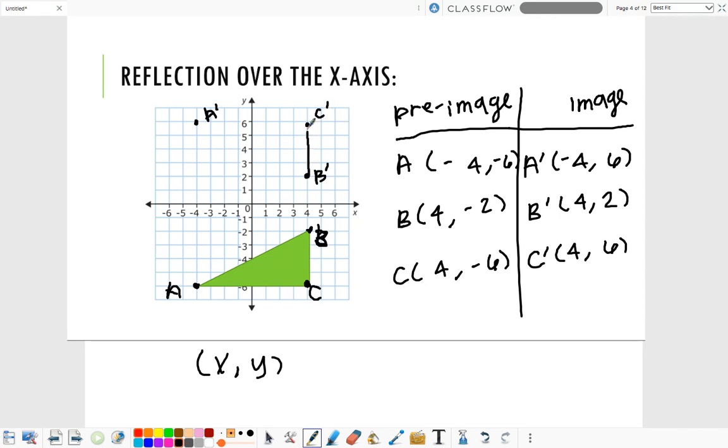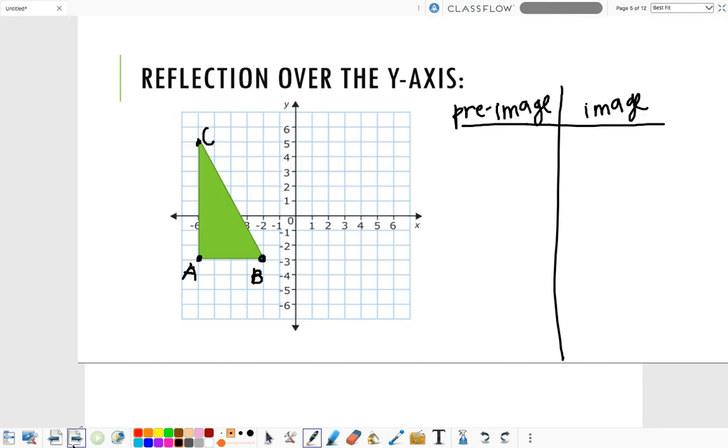And now we can connect those. And notice that the shape is the same size, and it looks exactly the same, but it's just been flipped. Just like when you look at your reflection in the mirror, the words on your shirt have been flipped. Our figure is being flipped from the pre-image or the original image to the new image. All right, let's try this one.